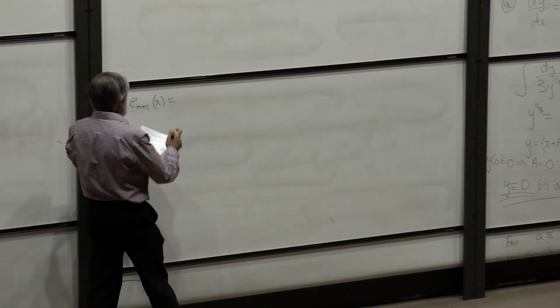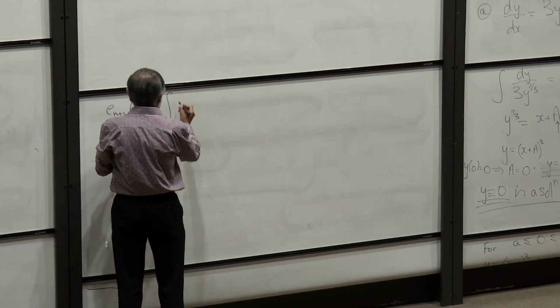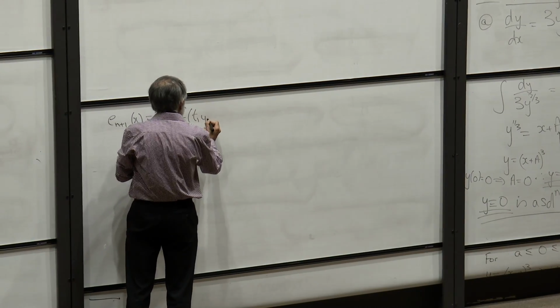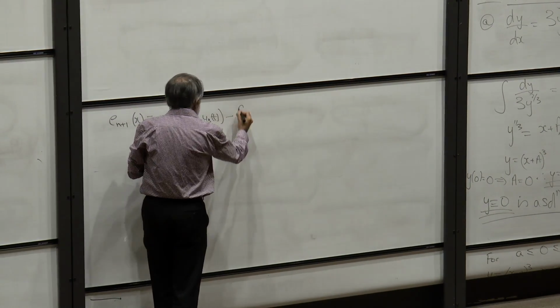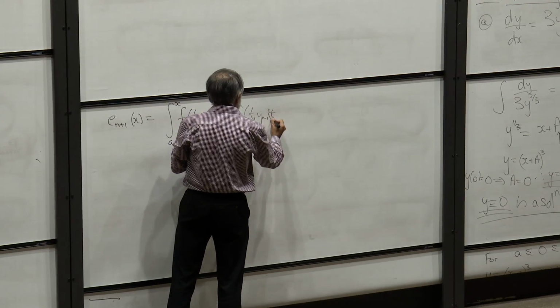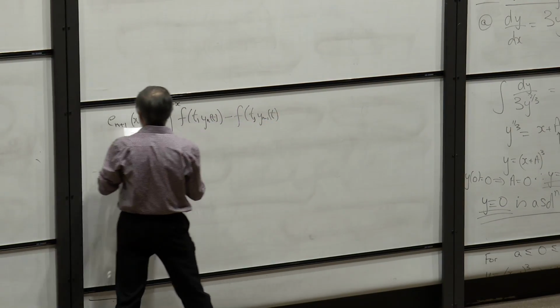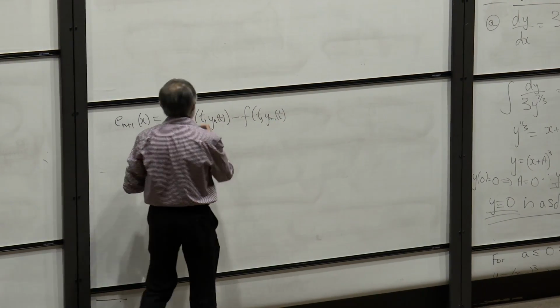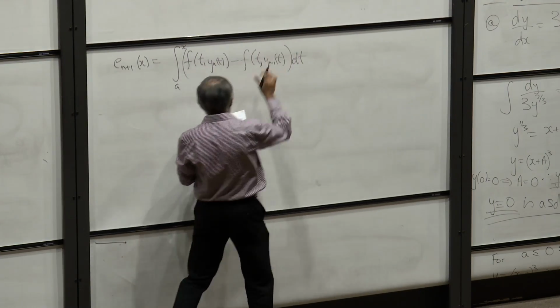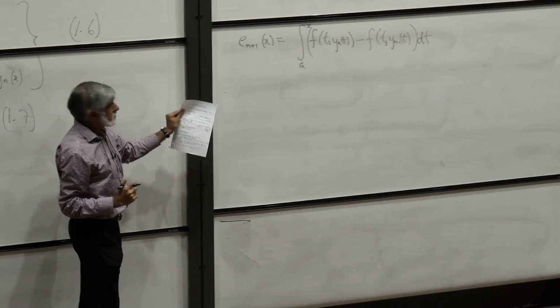And so what we will have is the integral from a to x, f of t y_n of t minus f of t y_{n-1} of t dt. And we need to look at the modulus.